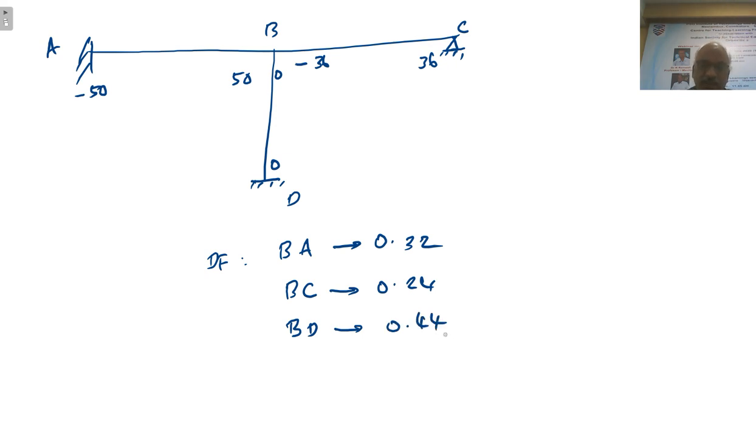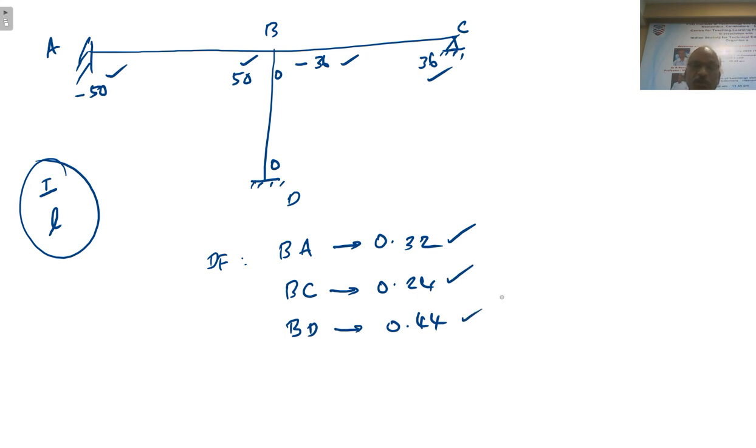Let us say the load is given, we know how to find out the fixed end moments, so that we need not repeat here. So the values of the moment of inertia I and L for various members are given. We know how to find out the distribution factors. Now how to do the moment distribution process for this problem, right?